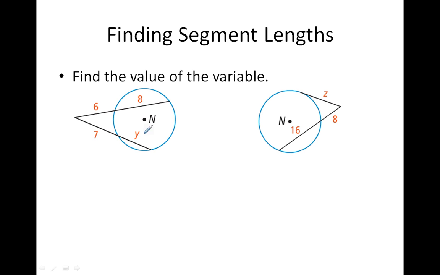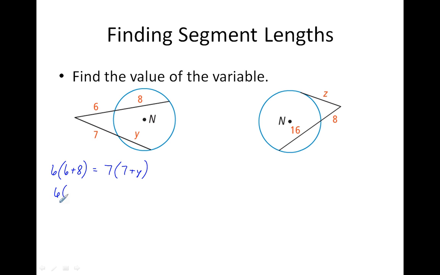All right, here we've got segments, and they go inside and outside. So we're going to do outside part times the whole equals outside part times the whole. So 6 times the whole, which is 6 plus 8, equals 7 times the whole, which is 7 plus y. And now we simply solve our equation.